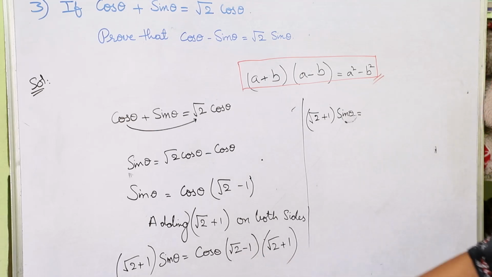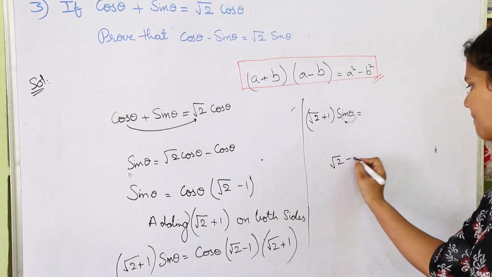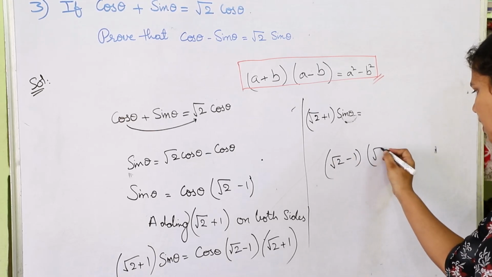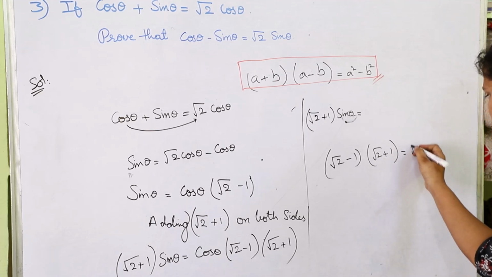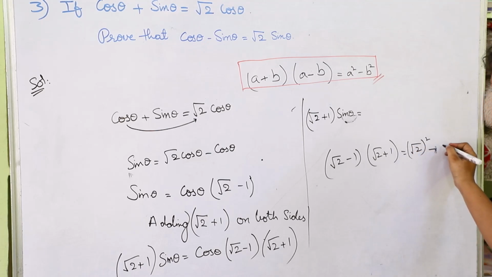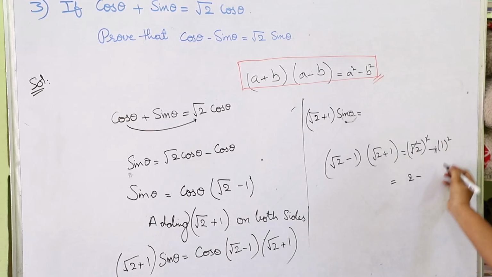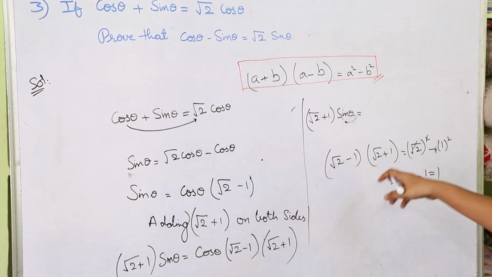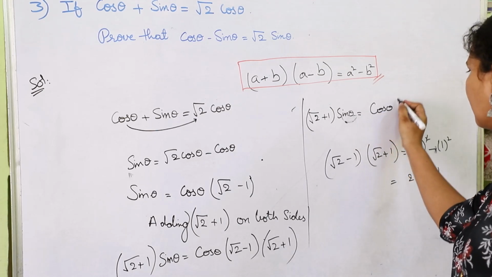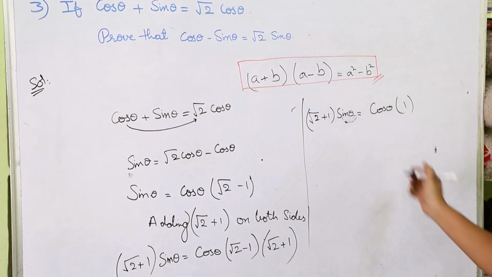Root 2 minus 1 into root 2 plus 1 is a minus b into a plus b, which equals a square minus b square. So the square root gets cancelled, and this becomes 2 minus 1, which is 1. Therefore this value is 1, so cos theta into 1. Clear?